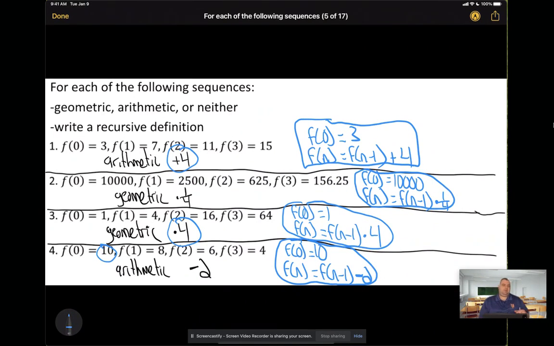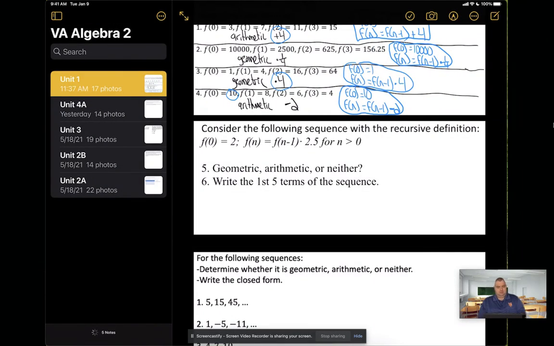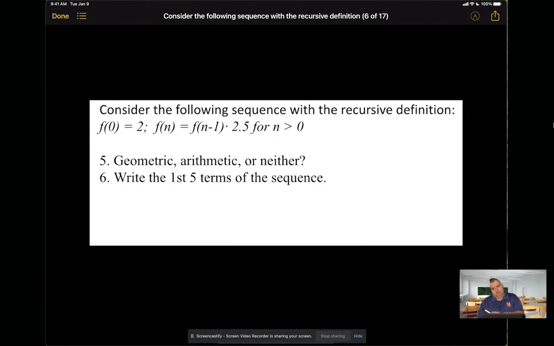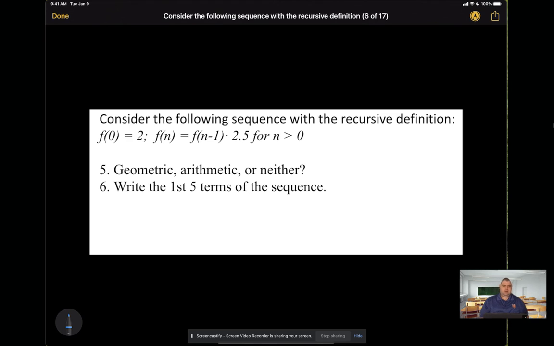Okay, so that's the first part of our examples, just a review of what we talked about in the previous lesson. I do have a couple more examples, so let's take a look at those. For this one, we're given a recursive definition. Consider the following sequence with the recursive definition f of 0 equals 2, and f of n equals f of n minus 1 times 2.5.